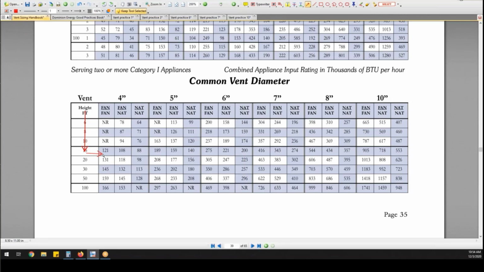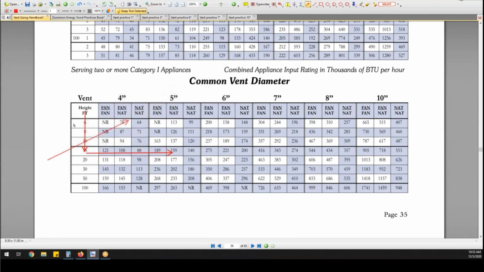And so I come across, I have a combination of fan and natural draft. 4-inch won't work because I need to get 135,000 BTUs up it, and that will only give me 108. All right, well, let's go over to 5-inch. Hey, a 5-inch will let me do up to 159,000 BTUs. I need 135, so a 5-inch common vent would work, wouldn't it?